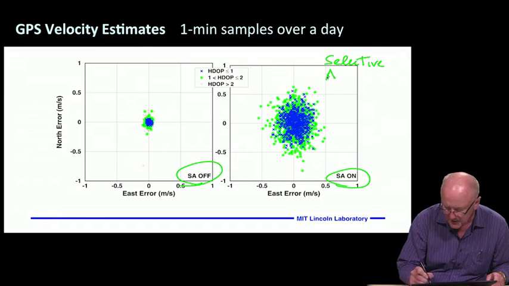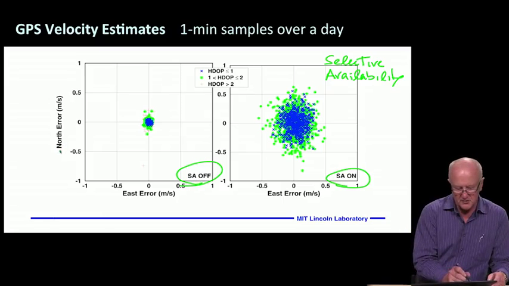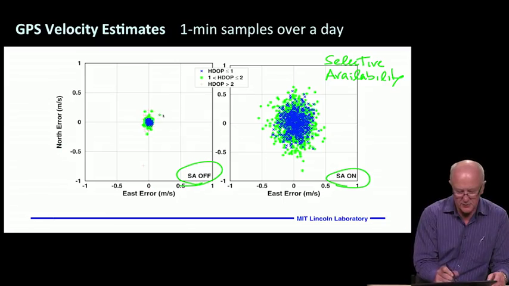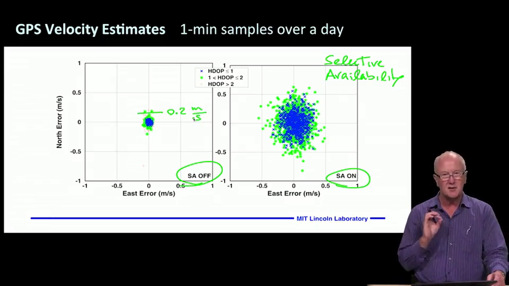I'll just put it here for you. So with SA off, in other words, modern times, we can measure velocity in north and east down to around 0.2, my guess, 0.2 meters per second. In other words, 20 centimeters per second.